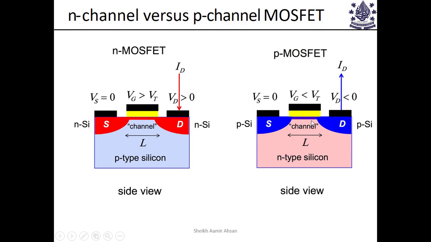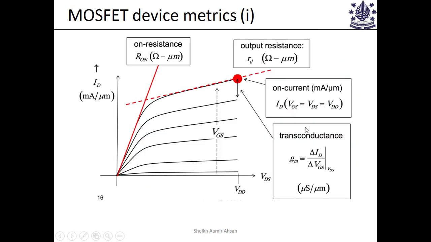Note that in this case the applied biases for turning this device on are opposite to what you see here. So the gate voltage has to be less than a threshold voltage for the channel to form so that current can flow, just like in this case we have the gate voltage that should be greater than the threshold voltage for the channel to form and current to flow. We'll talk about all of these things in huge detail in the subsequent lectures.